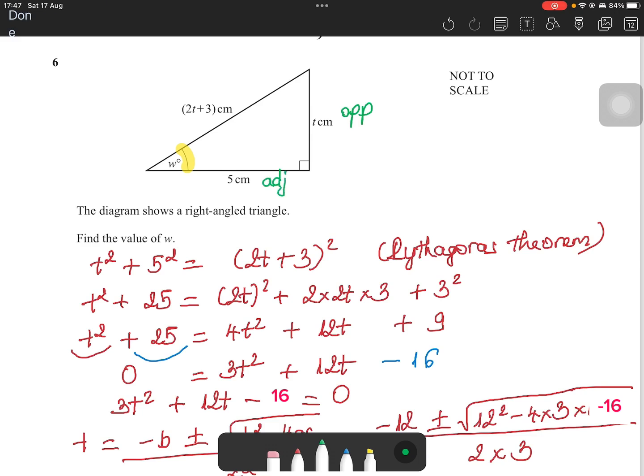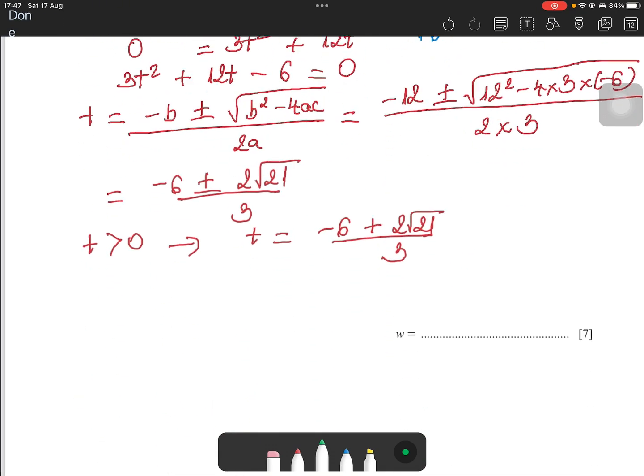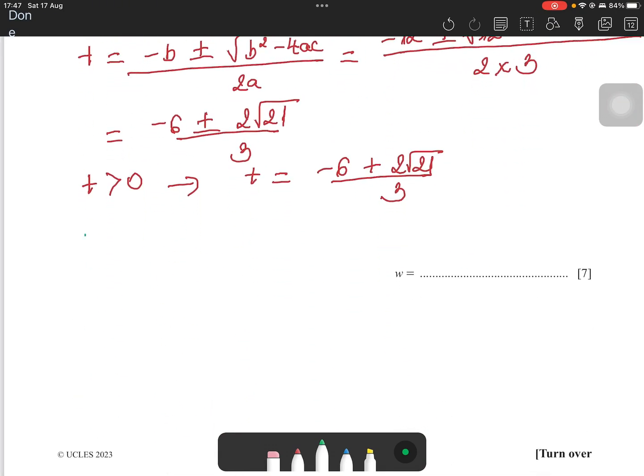So we use TOA. TOA means tan W is equal to opposite over adjacent. And t is negative 6 plus 2 root 21 over 3. Then we divide everything by 5.